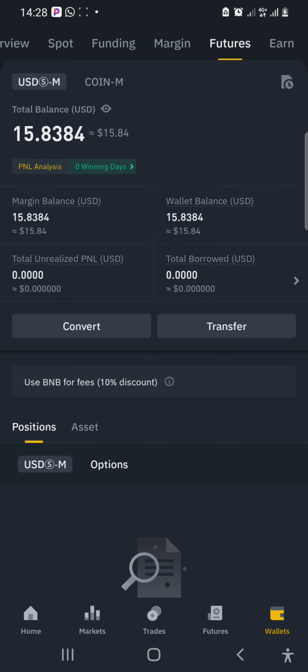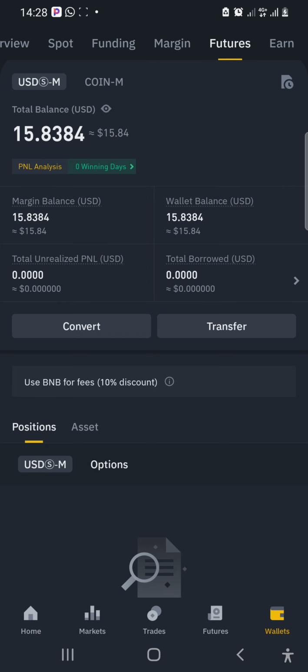We all know that other coins move fast, apart from USDT, which is a stable coin. So it's best to have your capital in a stable coin, because other currencies are volatile, they move very fast, and you need to protect your capital. That's the first thing.